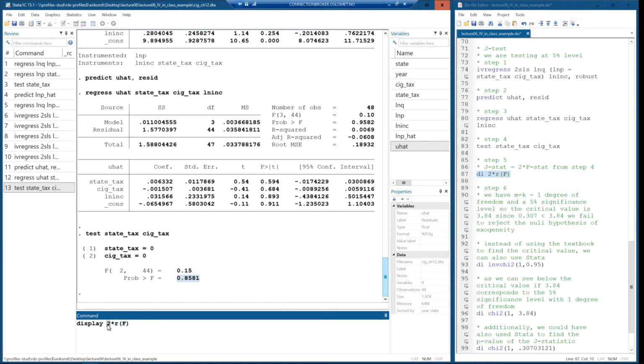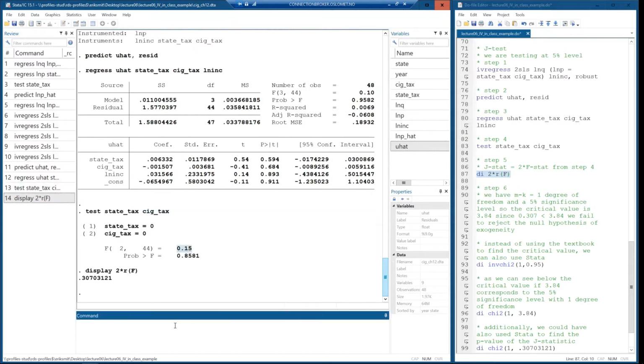Because you have two instrumental variables, you multiply by the f statistic from the test here, and you get 0.307, which is the J statistic.